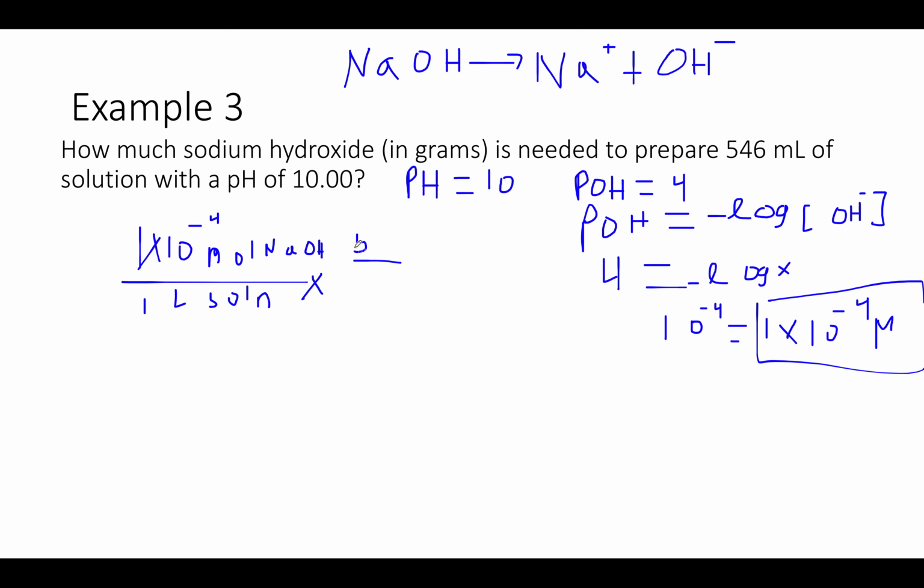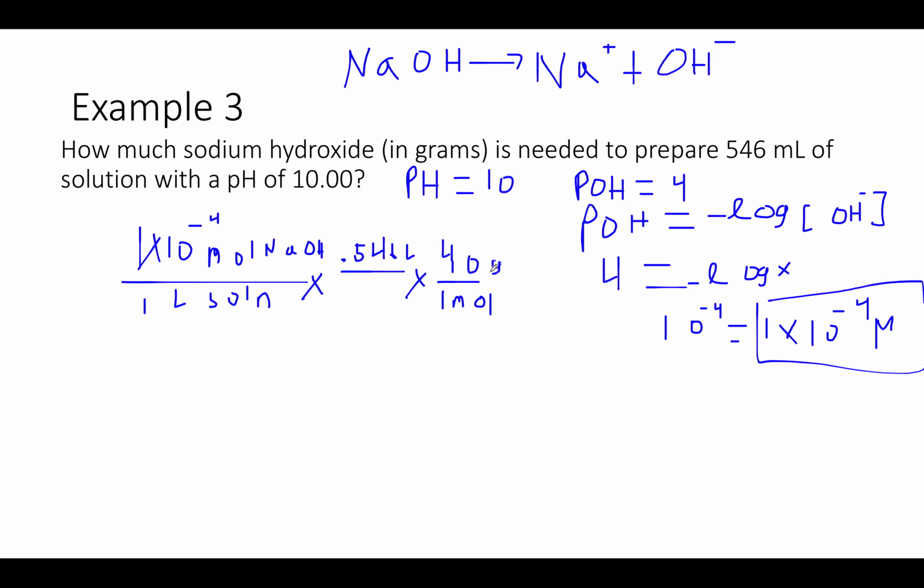We have 546 mL of solution, or, I'm just going to convert this straight into liters. You could do the extra step, but you have 0.546 liters of solution, and per mole, sodium hydroxide is 40 grams.